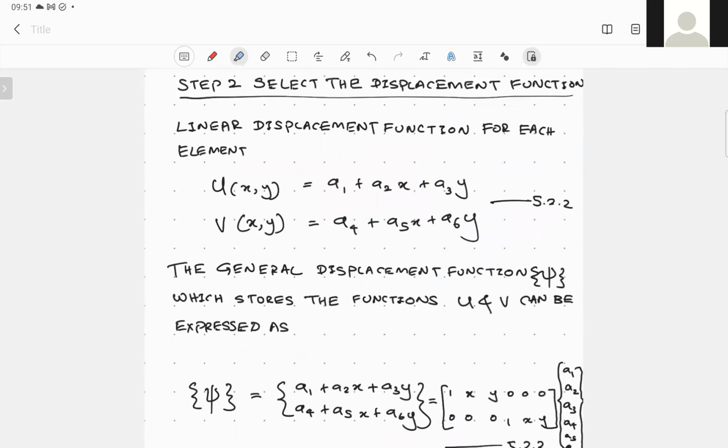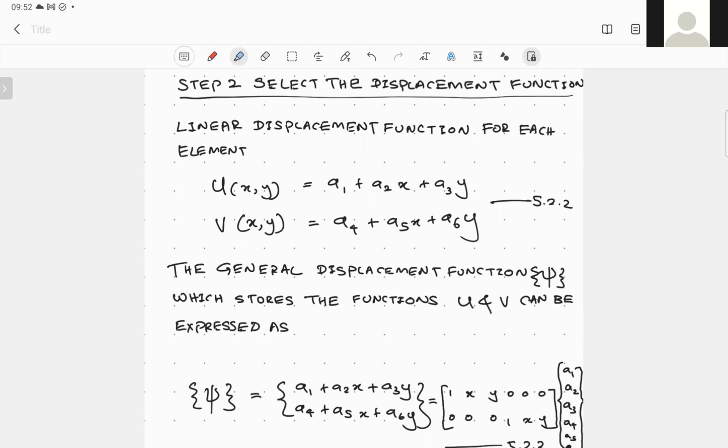And when we are considering compatibility conditions, it would be really easy if we use a linear function to characterize the displacement of each node. It will be quite handy when we are imposing compatibility conditions, if we come up with a linear function, because we are considering displacements along the edge as well as nodes shared by other elements.